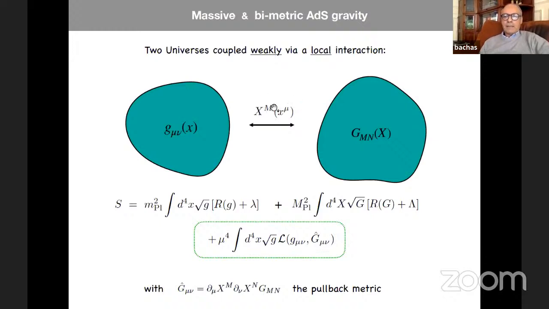So this embedding is given by these four functions, X^M(x^μ). And if you give me this embedding, I can pull back the metric capital G to the other manifold, and then it's easy to write down invariant couplings. So this is the generic form of the bimetric theories. You have to somehow think now about this interaction term.